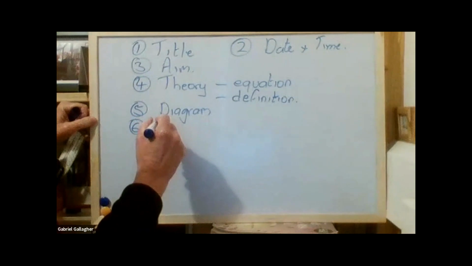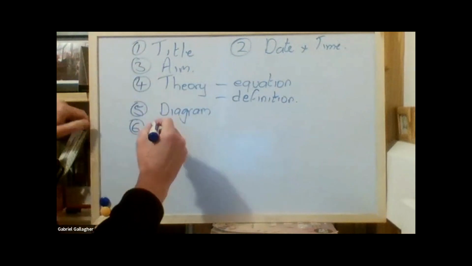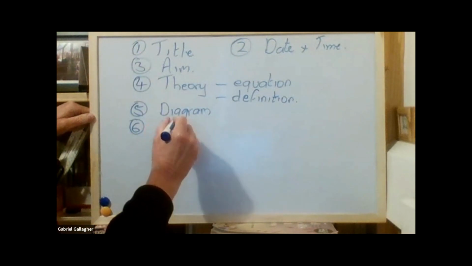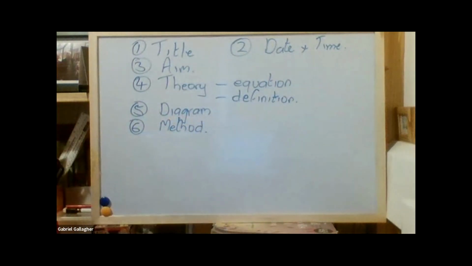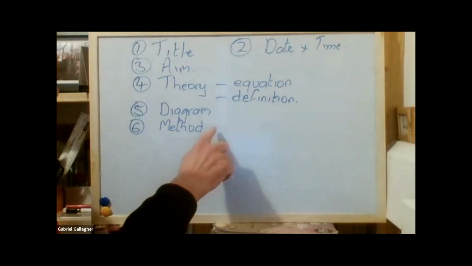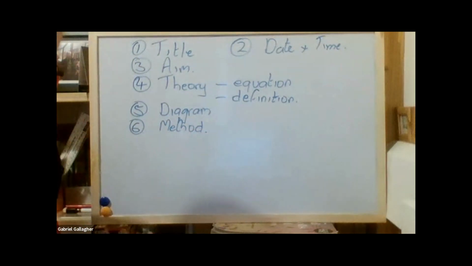Six. Now, all of that's fairly short. This is where you have to write, say, a paragraph. So the method is how you did the experiment. Now I'm emphasizing did. It's past tense. I will give you a set of instructions. The booklet has a set of instructions.